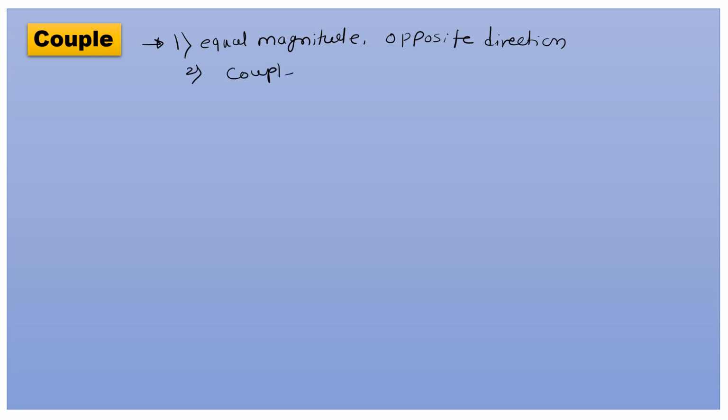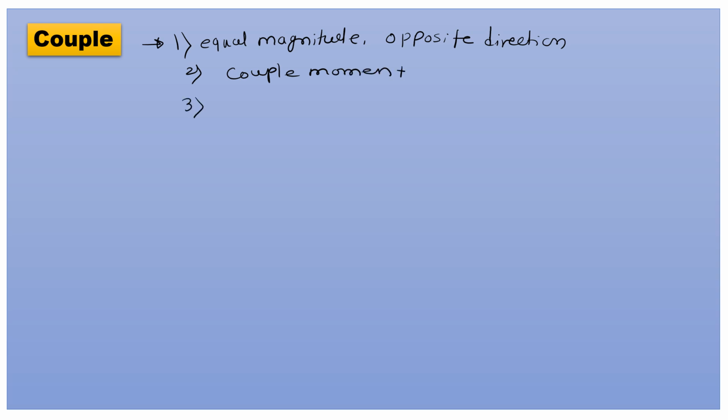Okay, the next is couple. Couple is that force which is equal in magnitude but opposite in direction. And couple is itself a moment. First, equal in magnitude, opposite in direction. Second, couple is itself a moment, and moment is nothing but the turning effect of a force.